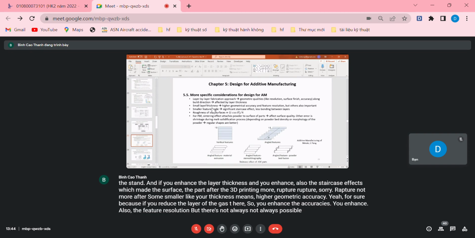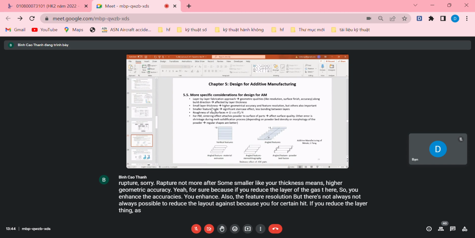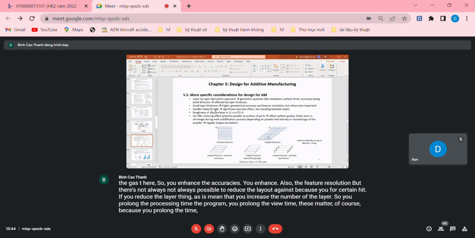But it is not always possible to reduce the layer thickness, because if you reduce it, this means that you increase the number of layers, so you prolong the processing time. The build time is longer.